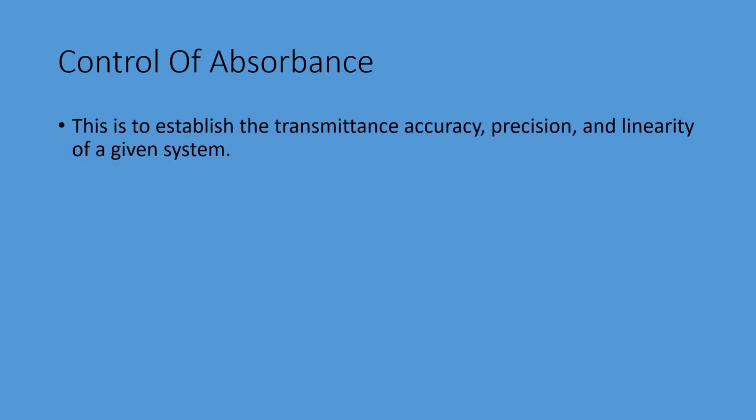The next parameter to control is absorbance of energy by the matter. This is to establish the transmittance, accuracy, precision and linearity of a given system. In control of absorbance, the transmittance, accuracy, precision and linearity are checked.